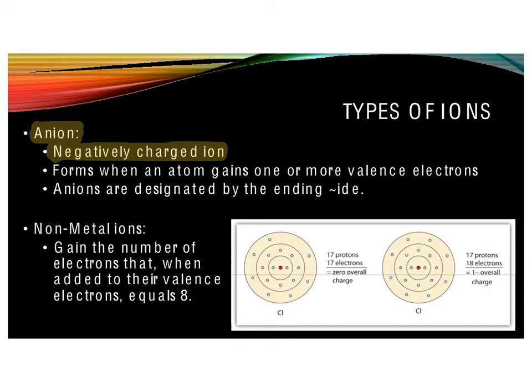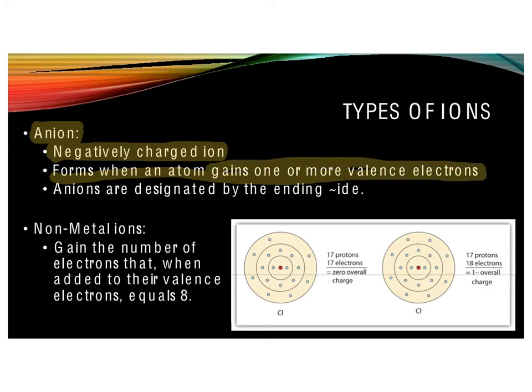This forms when we have an ion gaining valence electrons. And the big part here is that gain of electrons. It could gain 1, it could gain more than 1, and we see these in the names because they end in "ide." So if you think back to when we did nomenclature, we had to change the ending of those nonmetals.